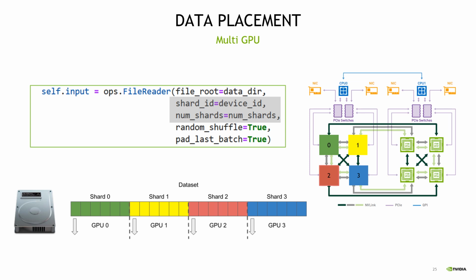So 1, 1, 2, 2, 3, 3. Okay, this is a technique to tell DALI how to distribute the data across your resources. And of course, you can implement more advanced techniques for data distribution. Okay, this is the common one, the basic one, the sharding.